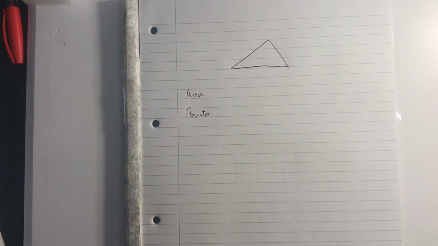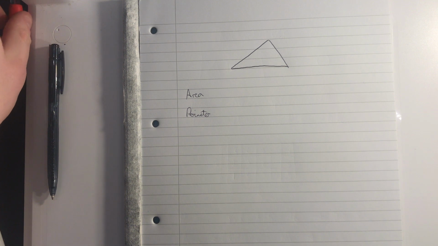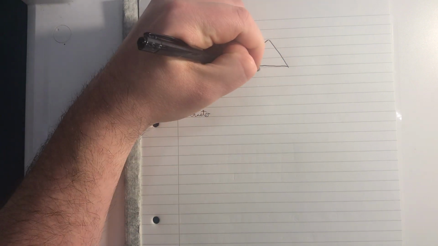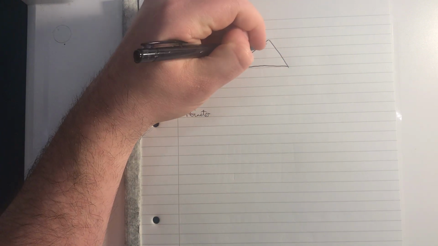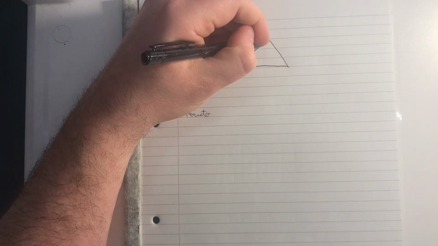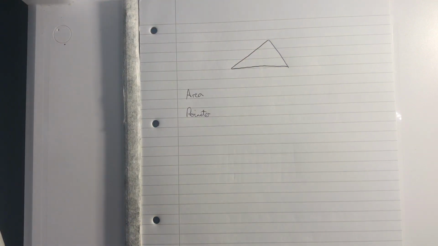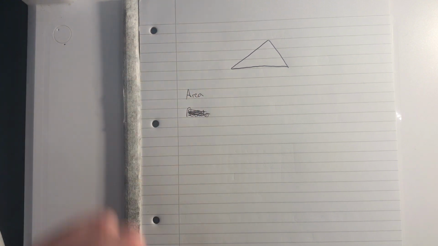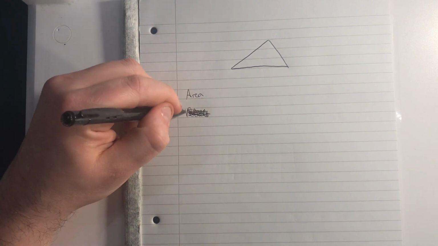Now, I'm going to cheat a little with regards to perimeter. I'm going to answer that first, but I'm going to just throw in some dimensions here. Sorry, I can't really cheat online. So I'm going to find the perimeter of a different triangle, okay?